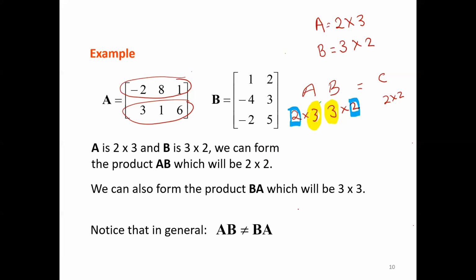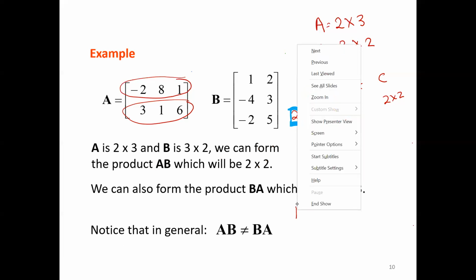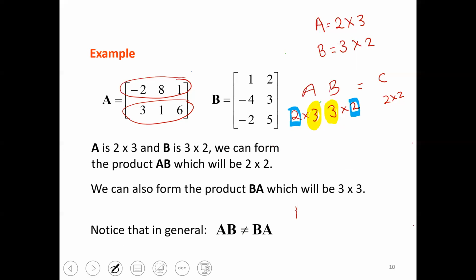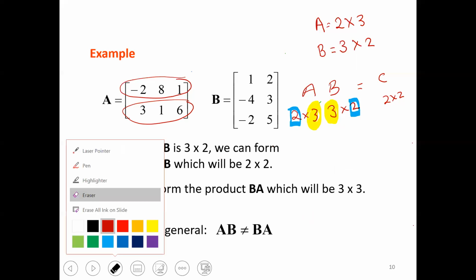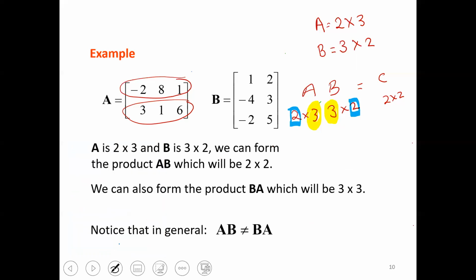I'll show you why. For BA, B is 3 by 2 and A is 2 by 3.